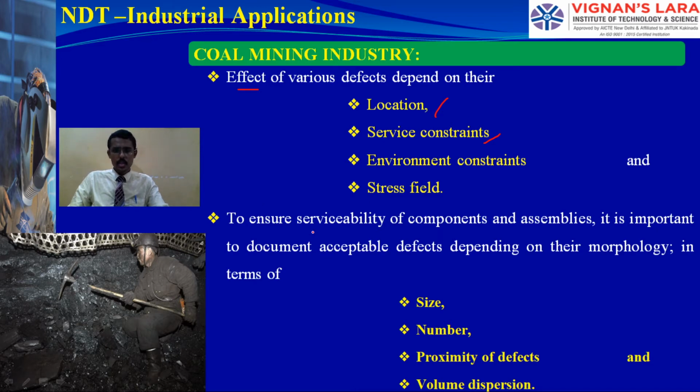To ensure serviceability of components and assemblies, it is important to document acceptable defects depending upon their morphology. So we are creating a record to maintain what type of defects are happening in a particular environment and a specific location type.